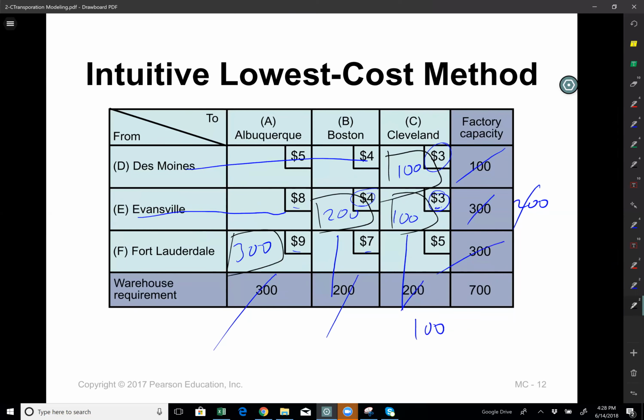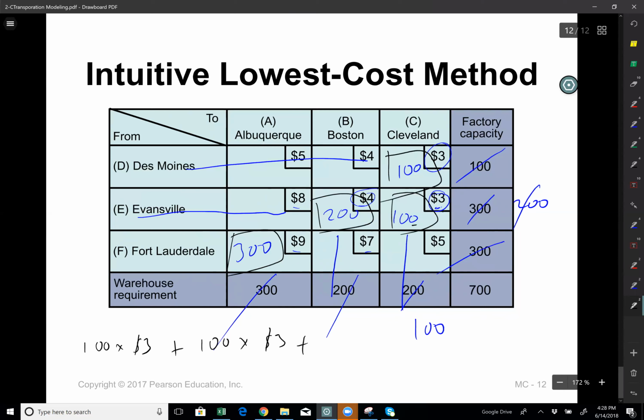And if you make the calculations here, you will get 100 times $3 plus 100 times $3 again, plus 200 times $4, plus 300 times $9.